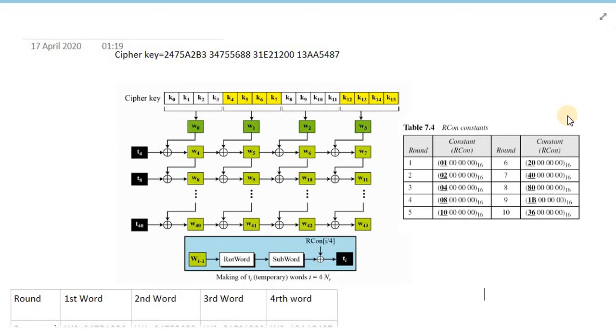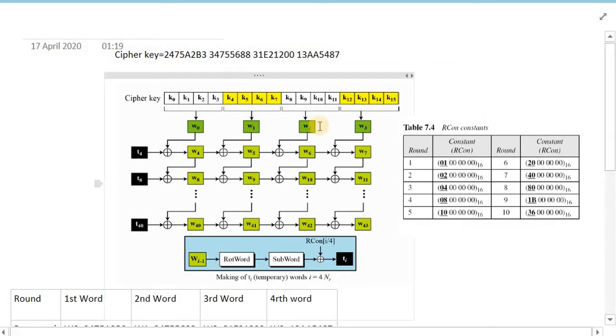We select the column from the key matrix and add the key, and just convert to another state, and this state will act as input for my round 1. So this acts as round 0, which is called the pre-round transformation. In the pre-round transformation, the round key is used as it is without any further procedures. So directly from the cipher key, my pre-round transformation key will be ready. W0, W1, W2 and W3 act as the pre-round transformation key.